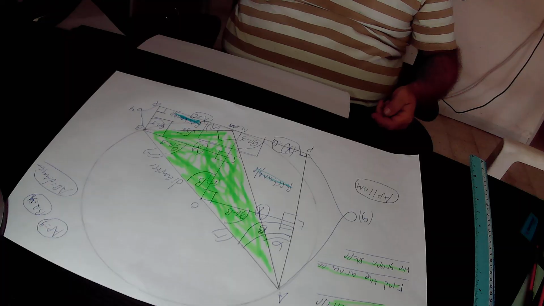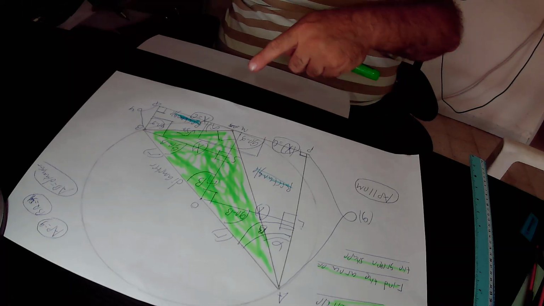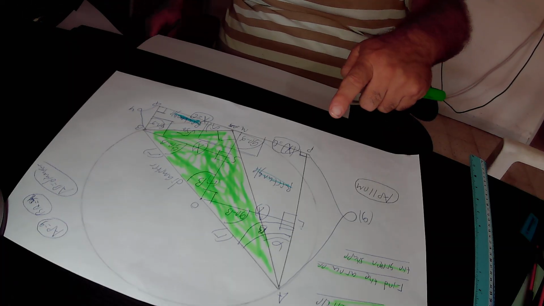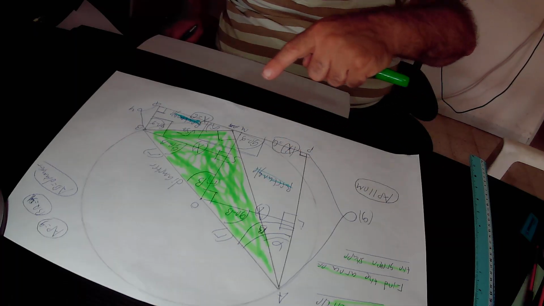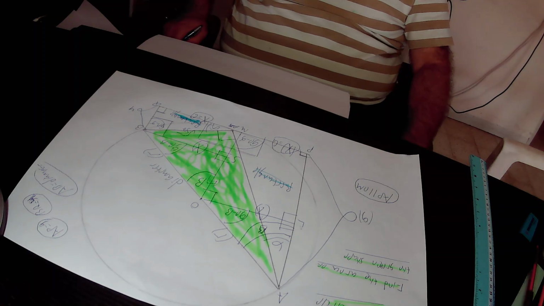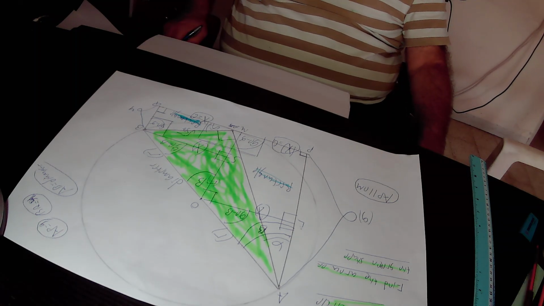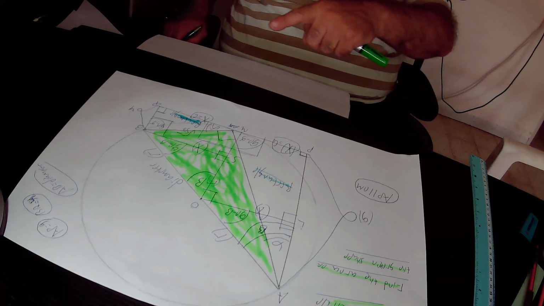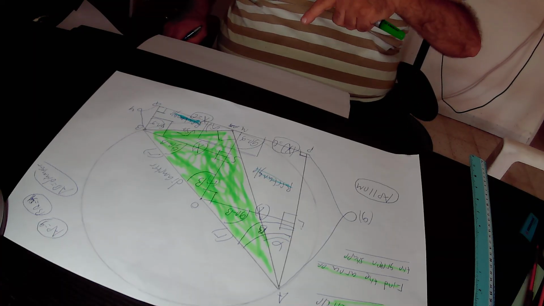Our task is to find the area of this green shape. The green shape is actually the right triangle AMB. So we find the area of that right triangle AMB according to the formula that says that the area of a right triangle equals the base of the triangle times the height over 2.